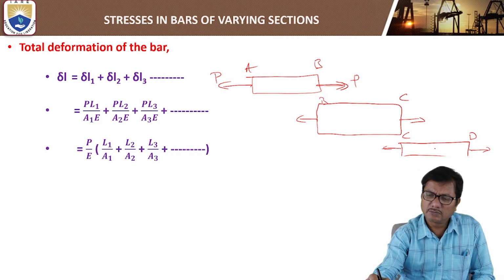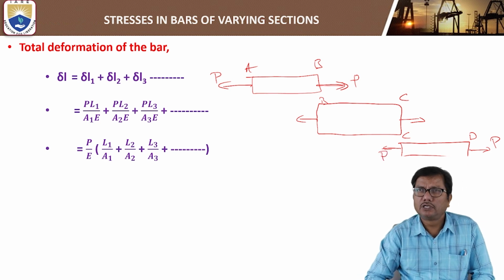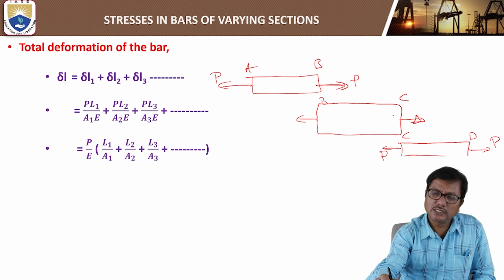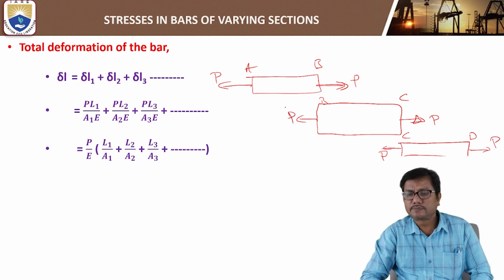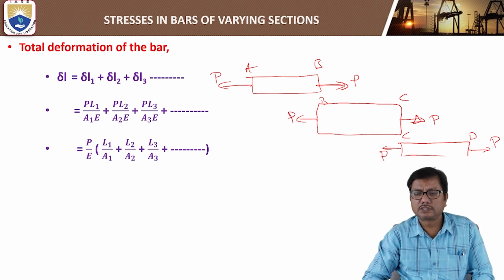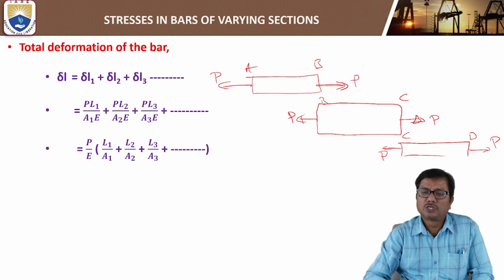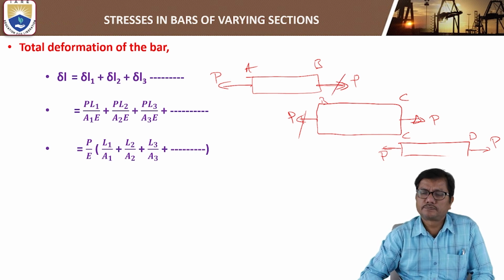Similarly, if you consider the segment CD, the resisting force acting at C will be P again, acting to the left. So in portion BC, you will have force P towards the right at C and force P towards the left at B, so that these two are balanced.